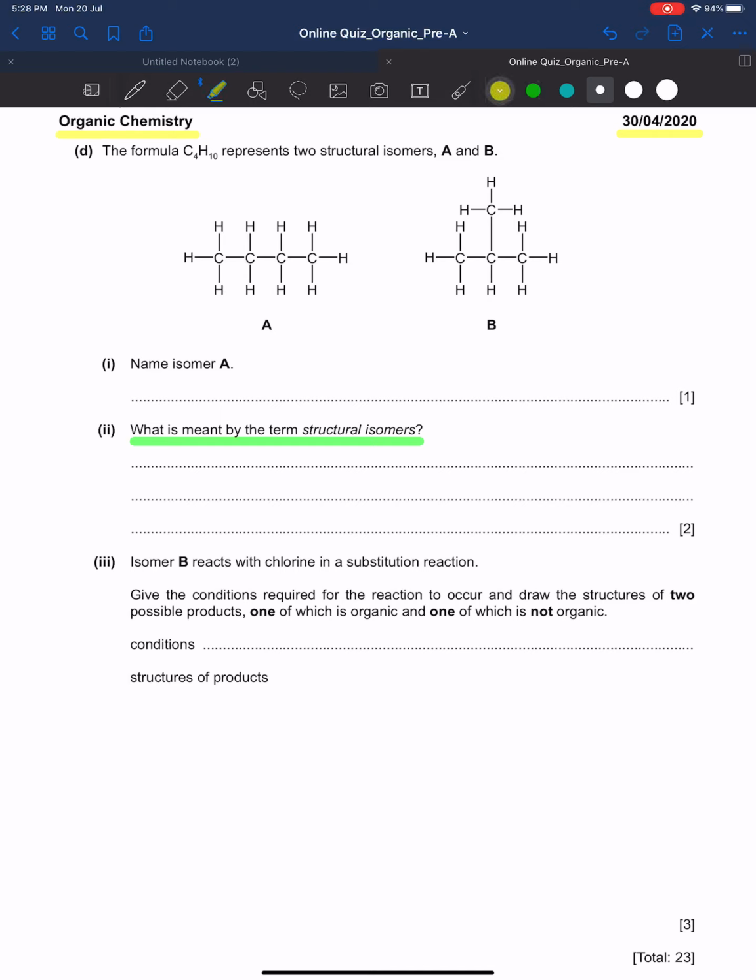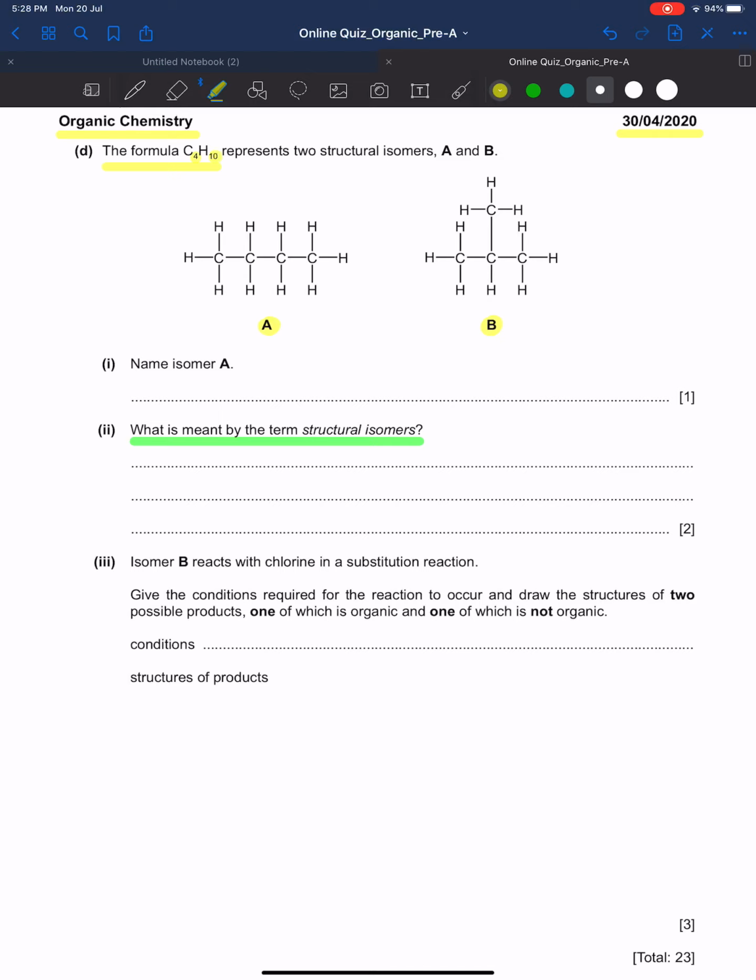So in the first part of this question, as you can see, we have these two compounds A and B. Both of these compounds A and B have the same molecular formula, which means nothing else but both A and B contain 4 carbon atoms, as you can clearly see, and they also contain 10 hydrogens.